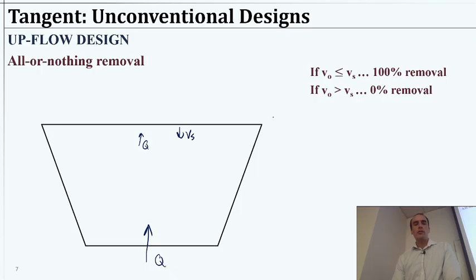And so as you're collecting water over the top, that's your effluent, so to speak, you'll have some design velocity where your settling has to be equal to the velocity of water going over. So this would be your V naught, that threshold of how quickly water is being pushed over the top.